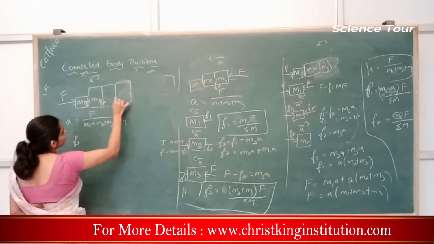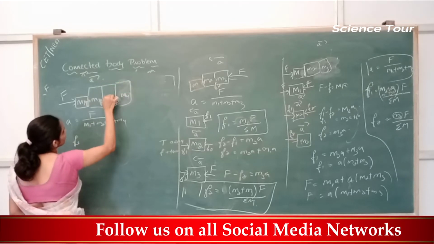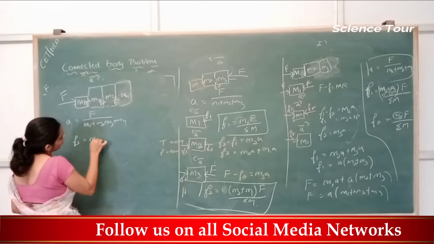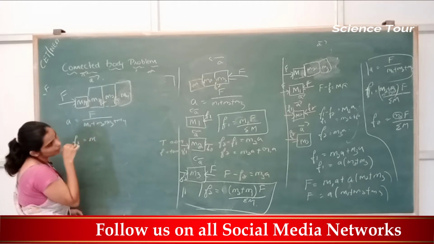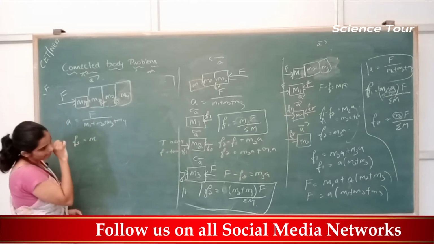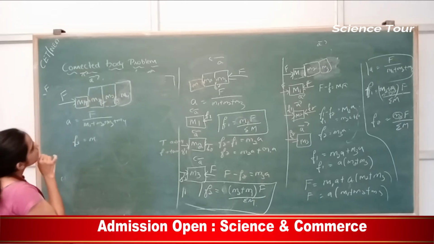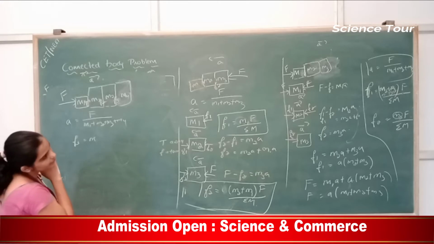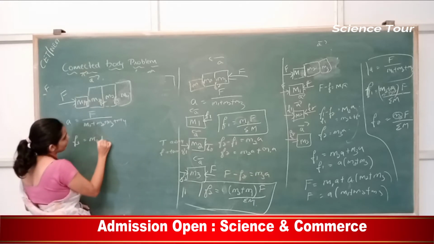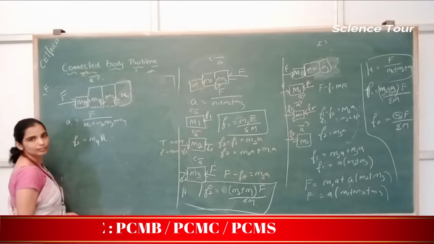So F3 is equal to M4 times of acceleration. Okay.